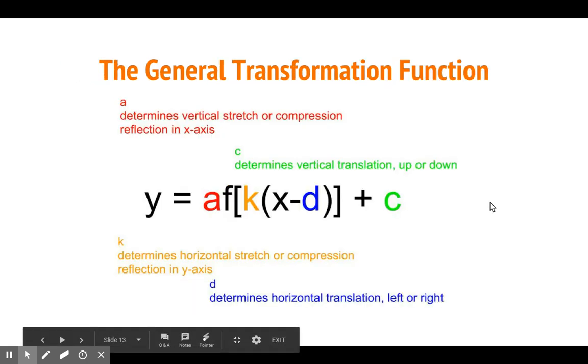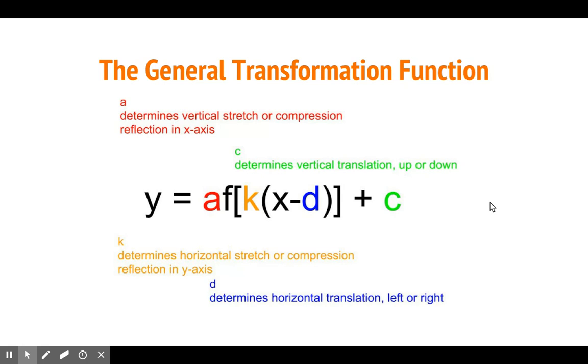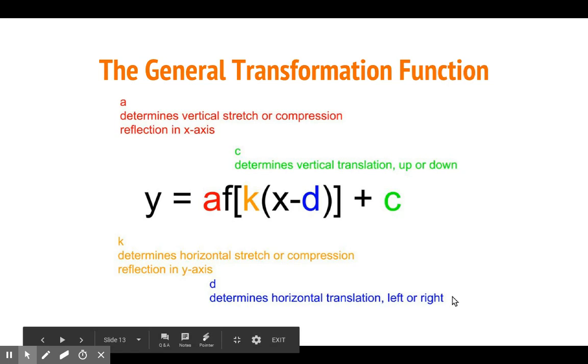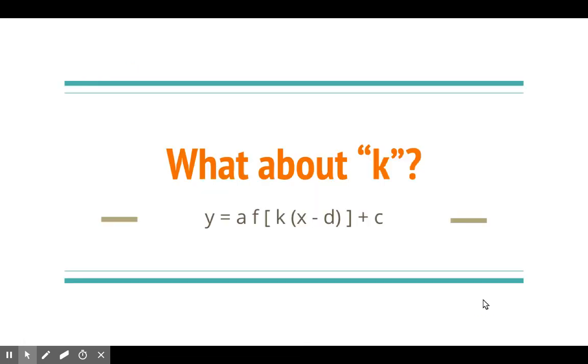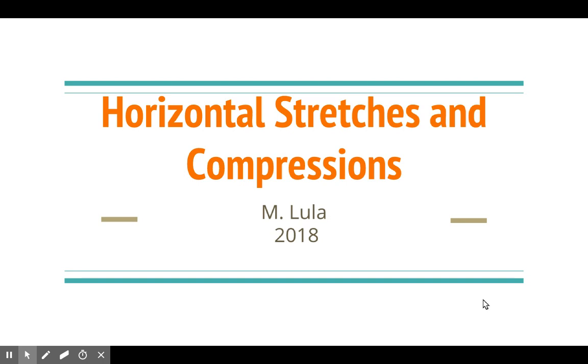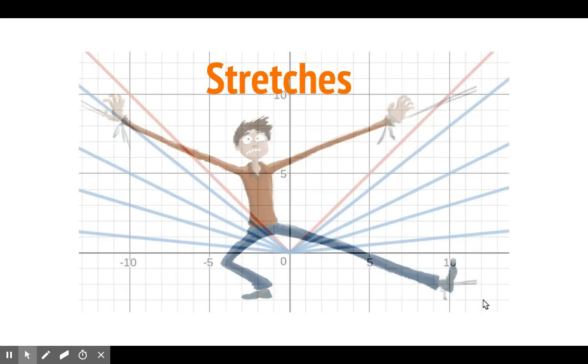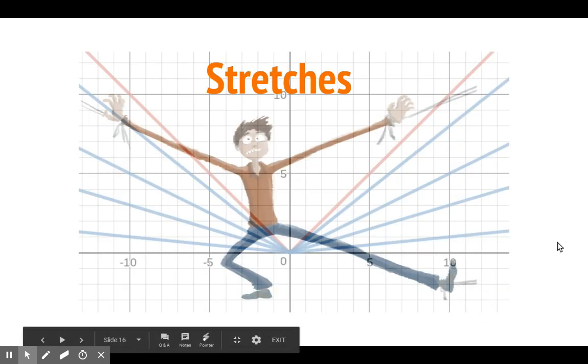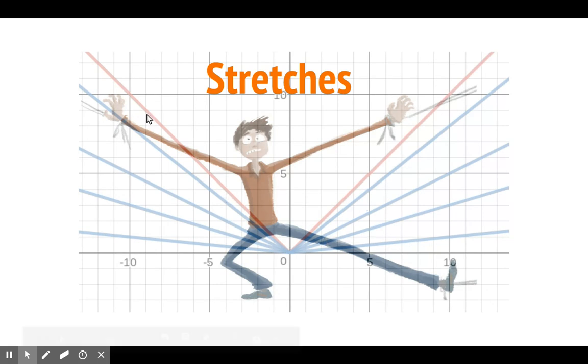This summarizes our general transformation function, and we'll be using this throughout the entire course. So what about K? K is about horizontal stretches and compressions. If you can imagine our parent function being the red function, then a stretch is pulling it from side to side.